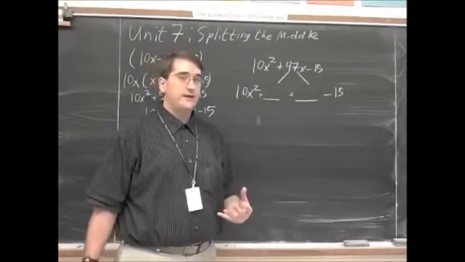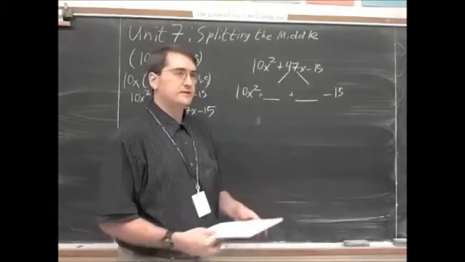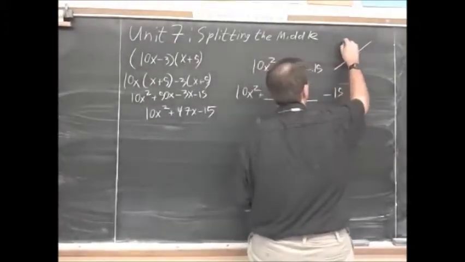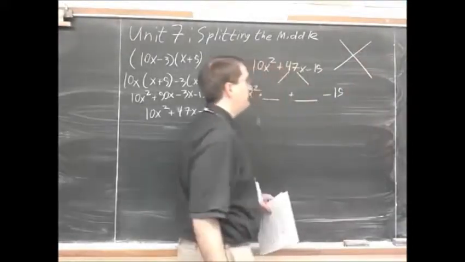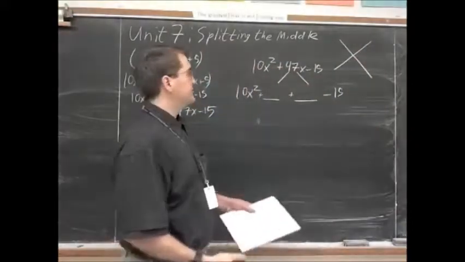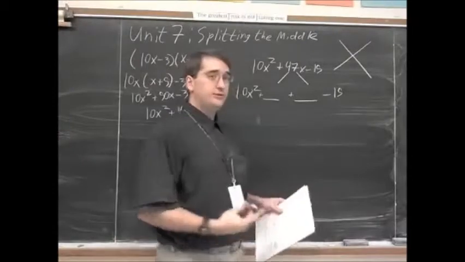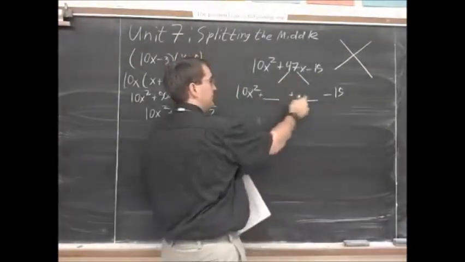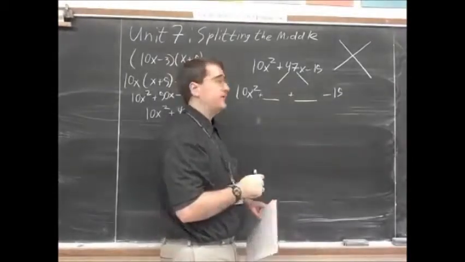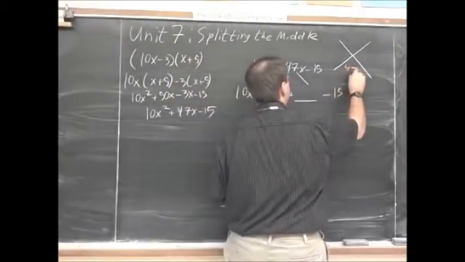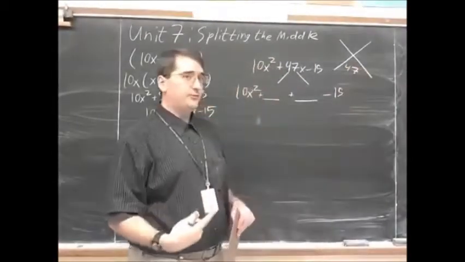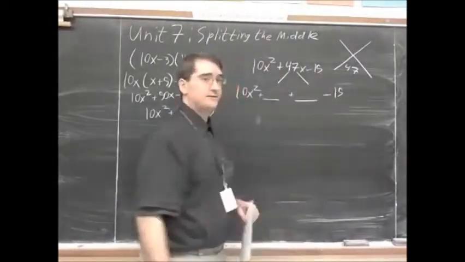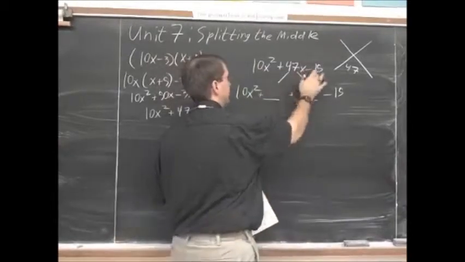We're going to create a factor x. Your teacher might call this something different, and there's a good chance you've done a bunch of these as a warm-up already. But what we essentially want to do is exactly this. I want to find two numbers that add to 47, since after all that's where those things are coming from, and multiply to the product of the front and last numbers, the leading coefficient and the constant.